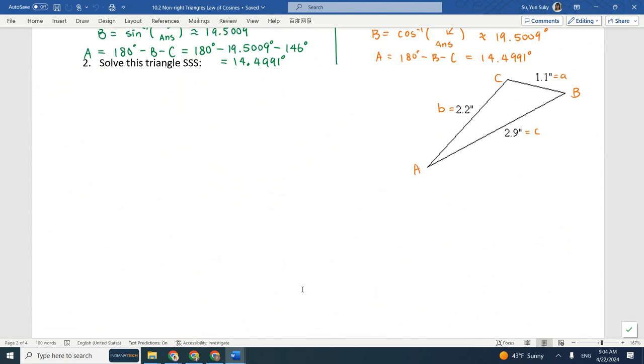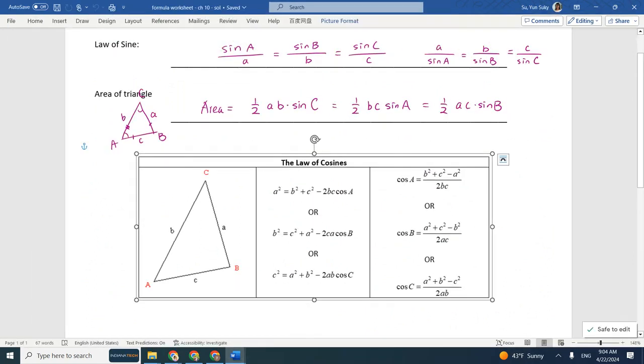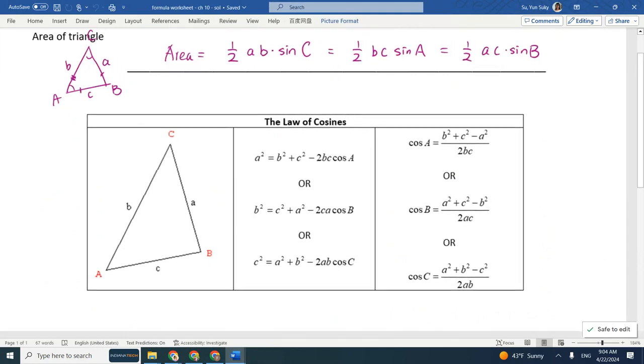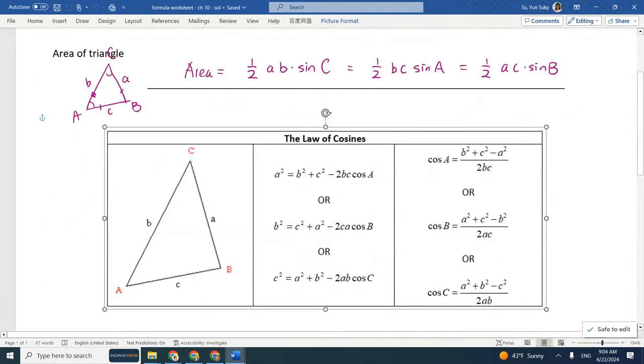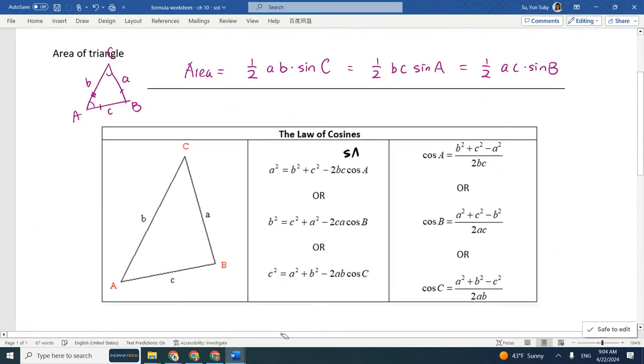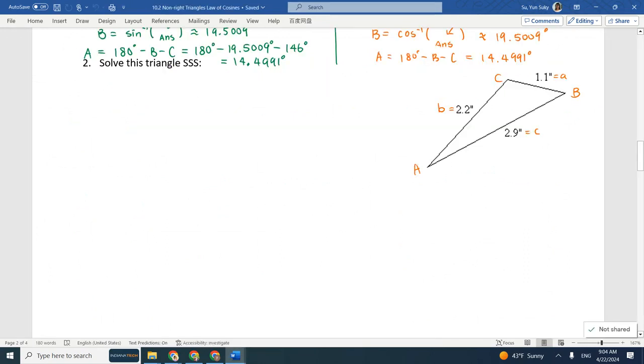Okay, so we use the law of cosine formula, right? So this one is to solve side, angle, side. And this formula is to solve side, side, side.